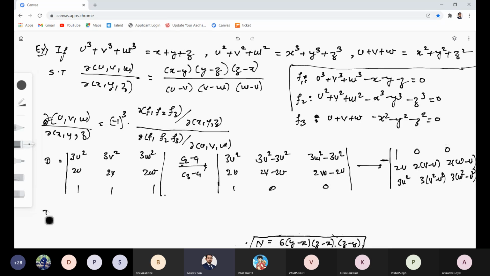So the denominator is equal to minus 1. I can take 2 common from the second row, 3 common from the third row, so that will become minus 6.